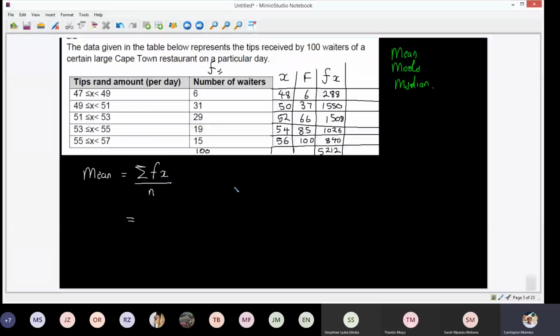We have calculated it already: 5,212. And what is our n? 100. That's correct. The total sum of your frequency, that's your n. Divide by 100, then what do you get? 52.12. That's your mean. Easy marks. Done with the mean.